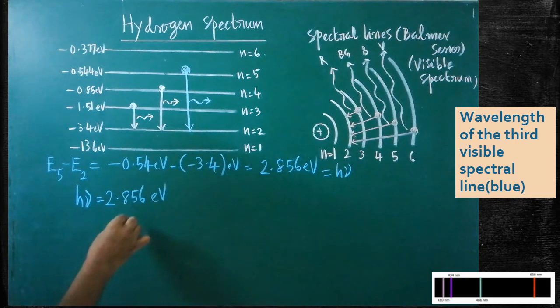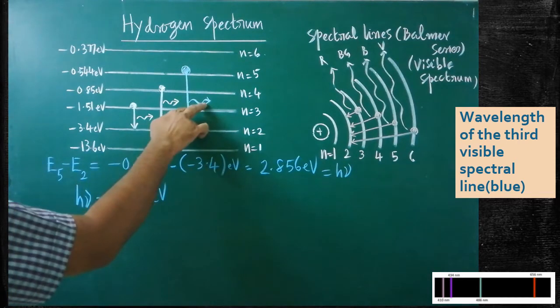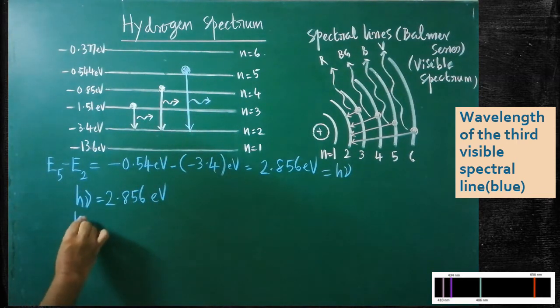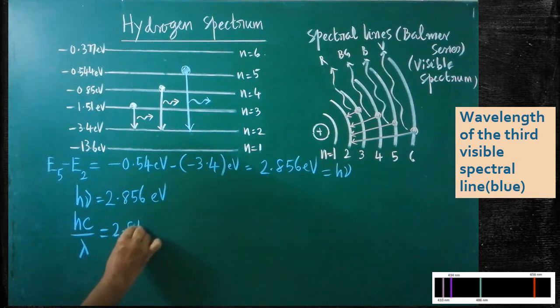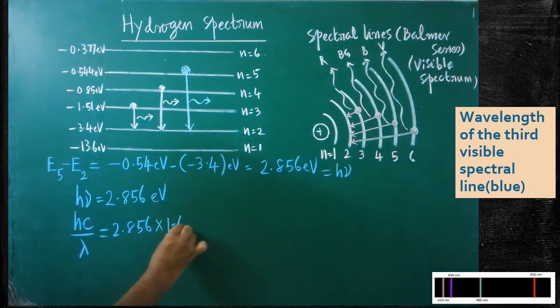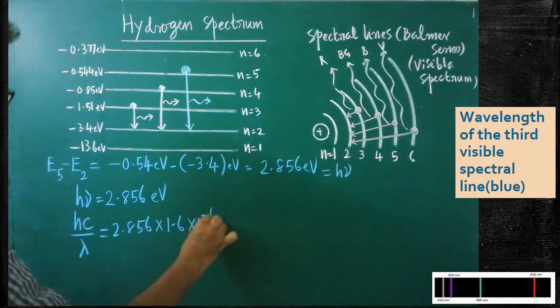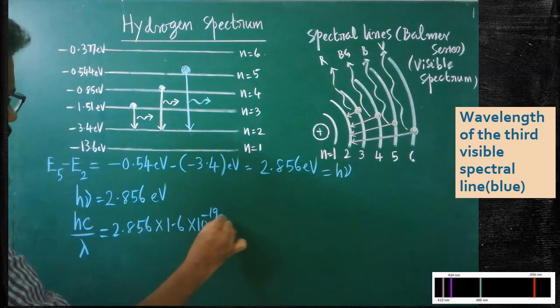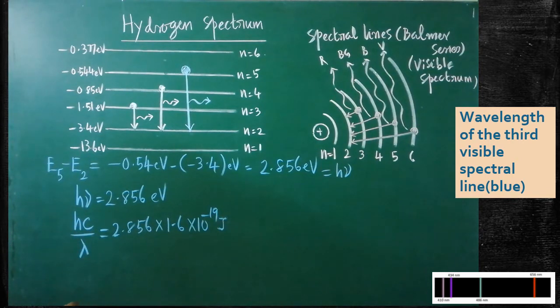That is the energy of the emitted photon. Now we are going to calculate the wavelength of the spectral line, hc by lambda is equal to 2.856. Here the electron volt must be converted into joule, 1.6 into 10 to the power of minus 19 joule. Okay, how to calculate the wavelength?